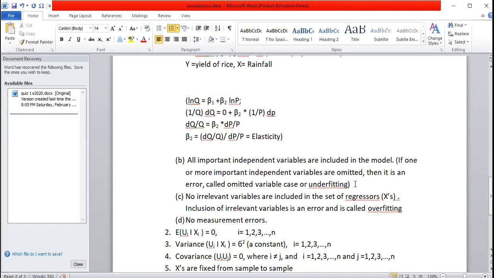If you want to include it, you have to justify why you are including that variable in the model. The fourth is obvious: measurement errors.